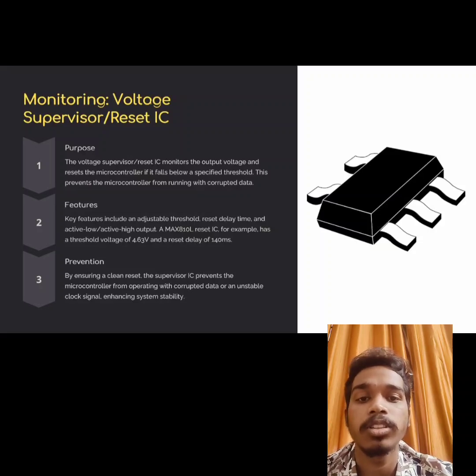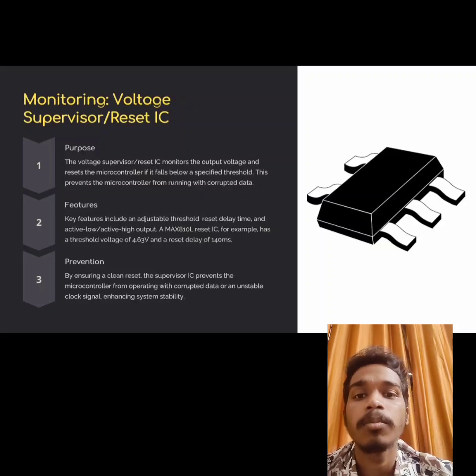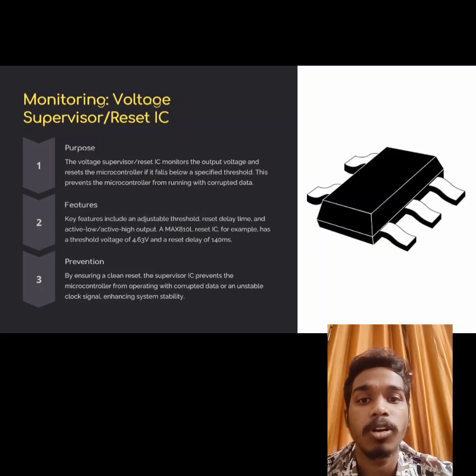A MAX810L reset IC, for example, has a threshold voltage of 4.63 volt and a reset delay of 140 ms. Third is prevention. By ensuring a clean reset, the supervisor IC prevents the microcontroller from operating with corrupted data and unstable clock signal, enhancing system stability.